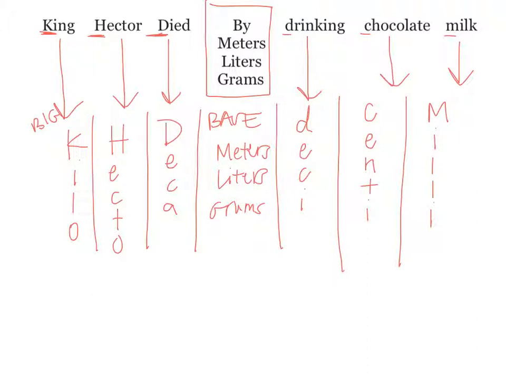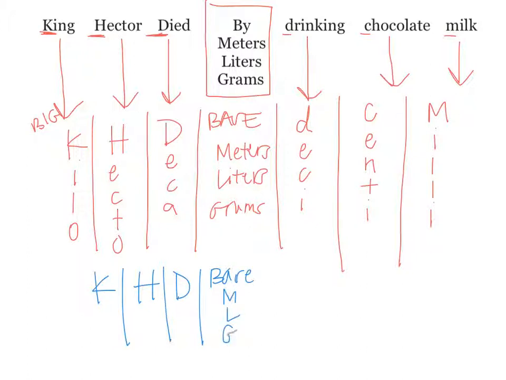Now this time I wrote out all of the words, kilo, hecto, and deca, but as we use this chart in class, you can just write the first letter, so K, King, Hector, dyed by, so my base units, which I'm going to put M for meters, liters, grams. King Hector died by drinking chocolate milk.